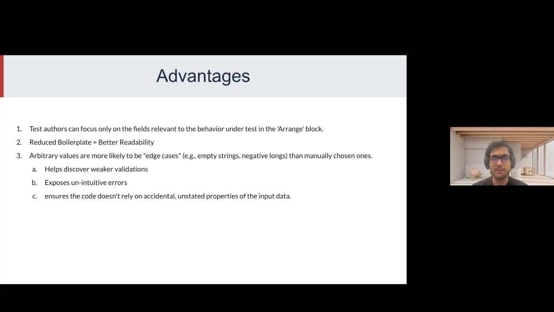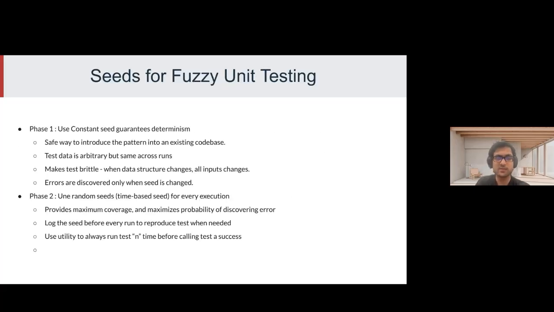Populating them randomly can actually help you discover more edge cases and expose more unintuitive errors. This also makes sure that your system under test doesn't rely on accidental, unstated properties of the input data. So, many advantages of it.